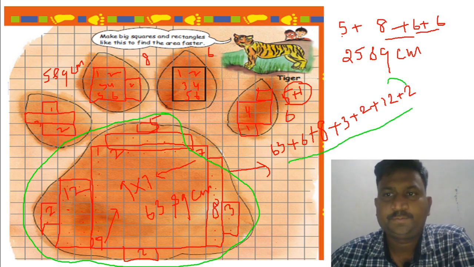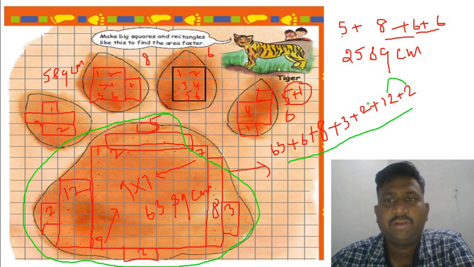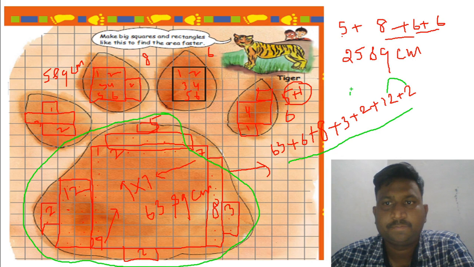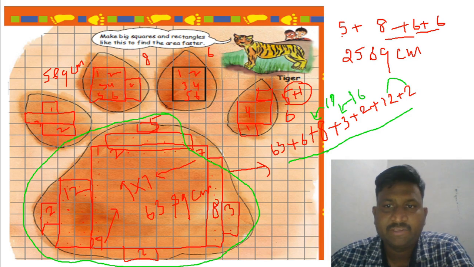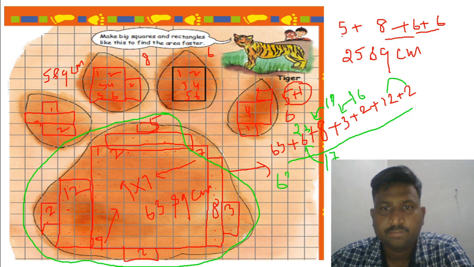Let us add 14, 12 plus 2, 14 plus 2, 16 plus 3, 19 plus 7, sorry, 8, 19 and 8, 17 plus 6, 23. 23 and 63, 63 plus 23, 86.